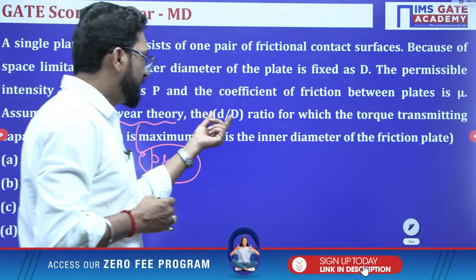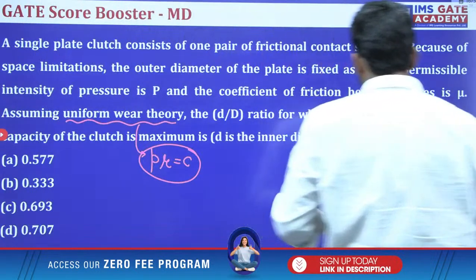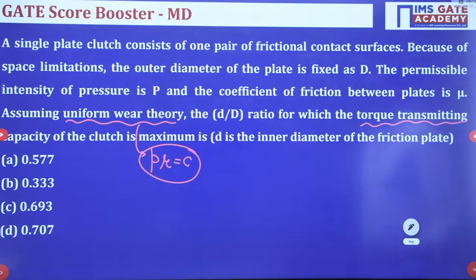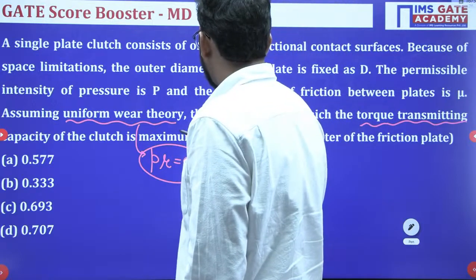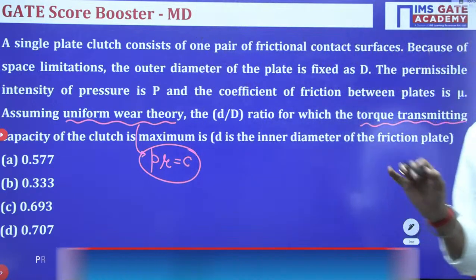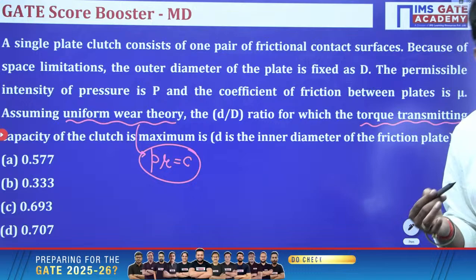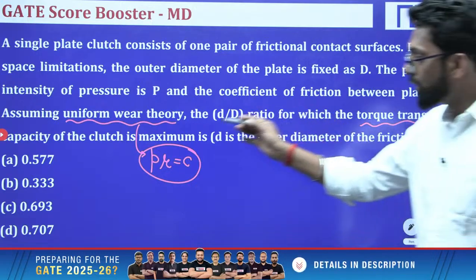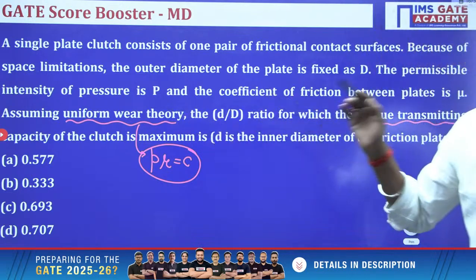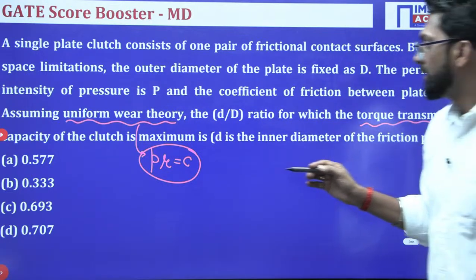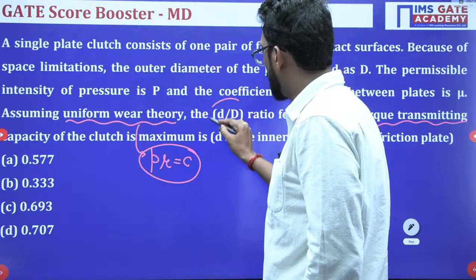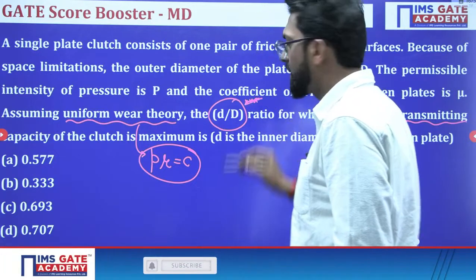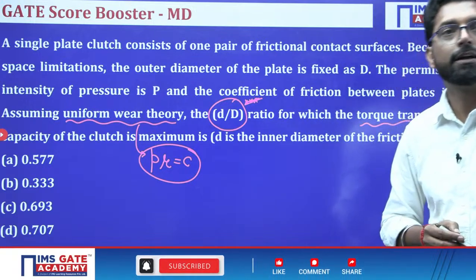The inner diameter and outer diameter ratio for which the torque transmitting capacity of the clutch is maximum. That means for the maximum torque transmission by the clutch, according to the uniform wear theory, what is the d by D ratio?